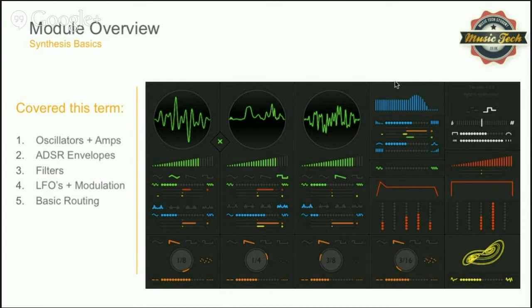So looking at high pass filters and low pass filters and how they manipulate the sound to shape it even further. Then we looked at LFOs, which are ways of modulating that sound, adding movement to the sound, and basic routing. So we're going to take basic routing just a little bit further today and show you a few diagrams of how these things are routed.